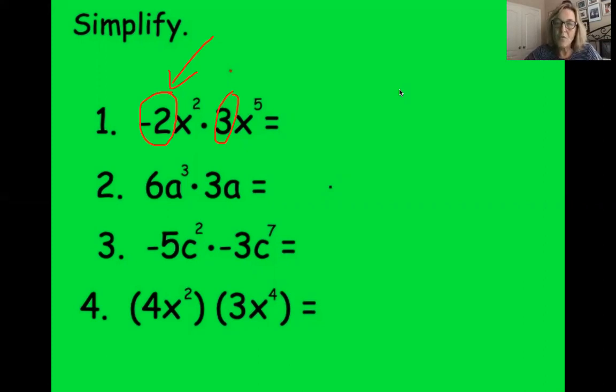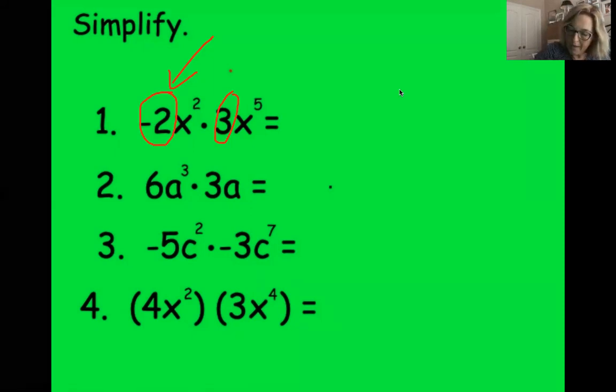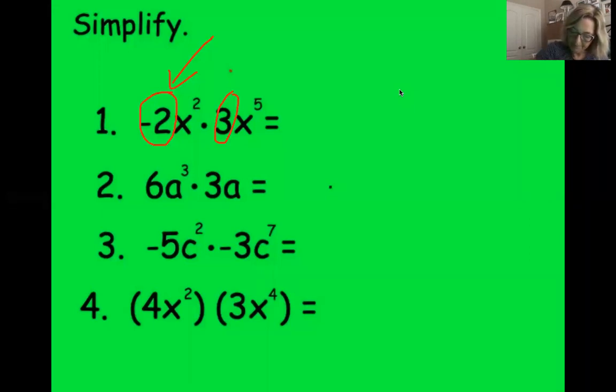Okay, so go ahead and write that first problem, -2x squared times 3x to the 5th. We're going to write it in expanded form. So what we have is -2, times, and I'm going to put it in parentheses because it's a negative.